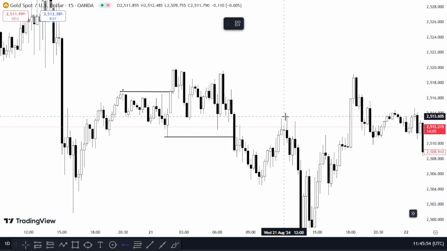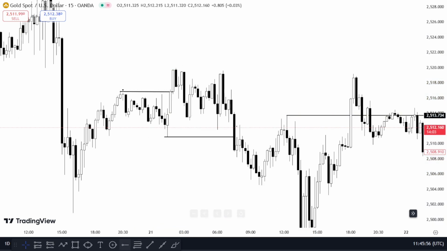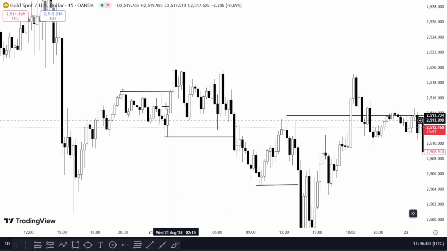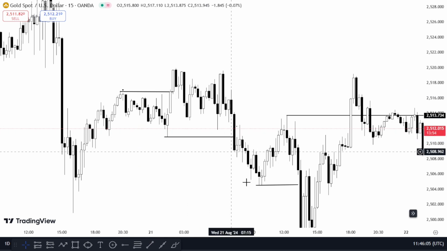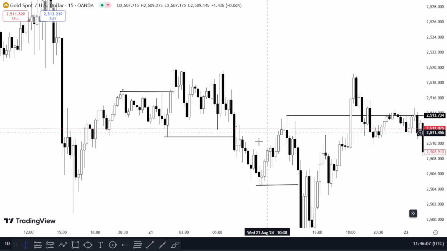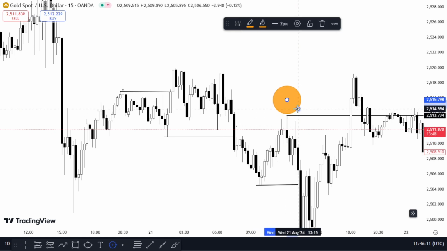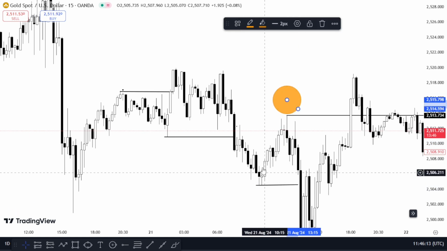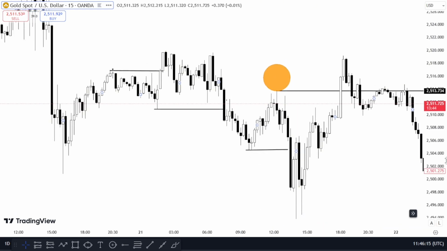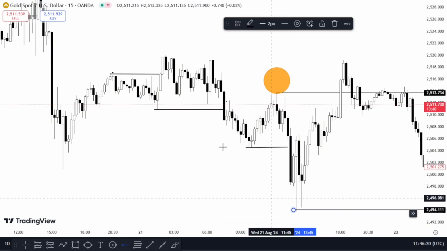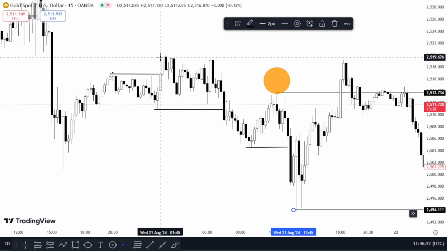So this becomes my structural liquidity, and then we have our second break of structure right here. So we have our sweep of liquidity, we have a first break of structure, and we have a pullback to provide structural liquidity, which you can clearly see right here. Then here we have our second break of structure, here we have our protected low, and here we have our protected high.